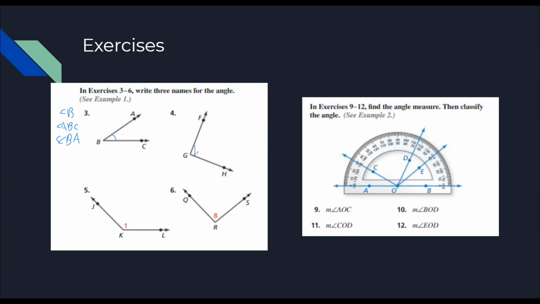Again, for number 4, you can just name it angle G or angle FGH or angle HGF. And for number 5, you can just name it angle 1, because that's right here, or angle JKL, or angle LKJ. Again, for number 6, you can just name it angle 8, or angle QRS, or angle SRQ.